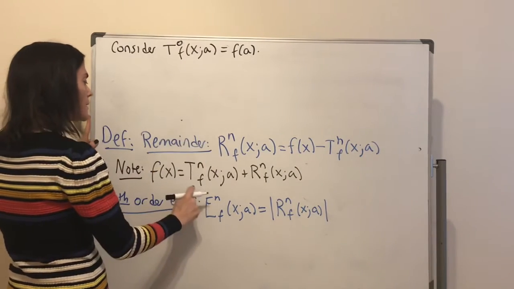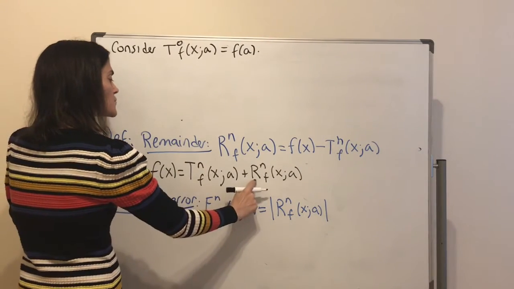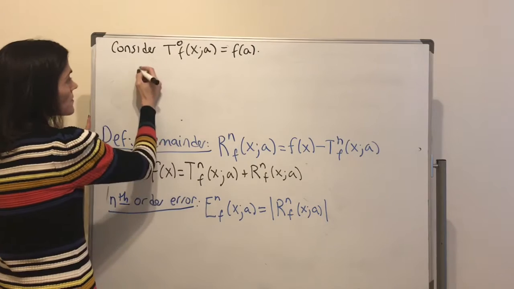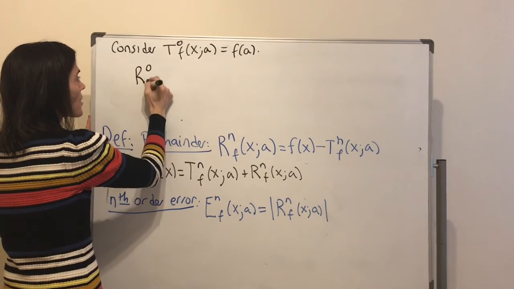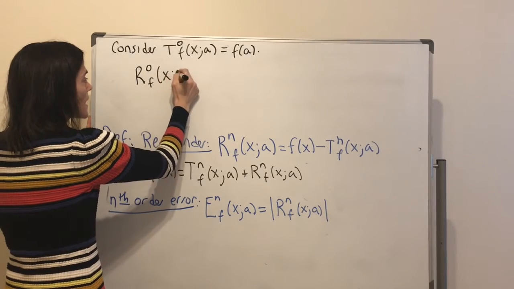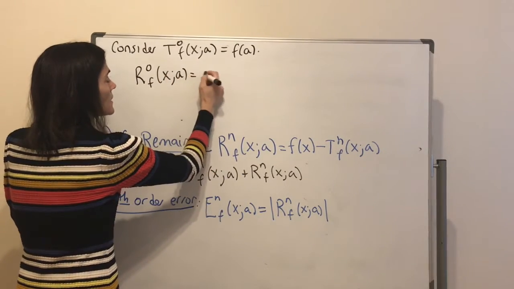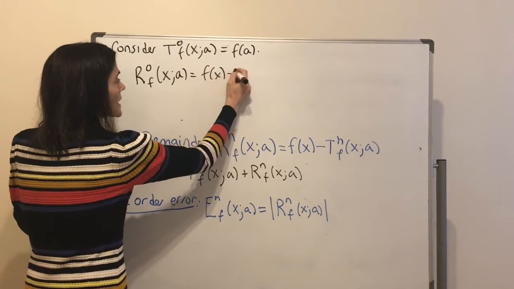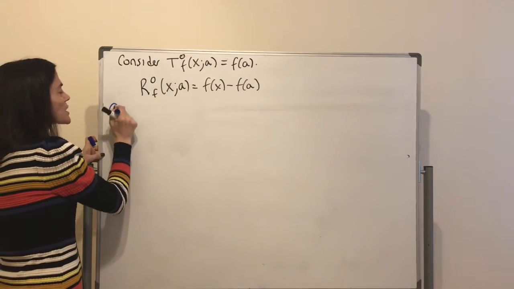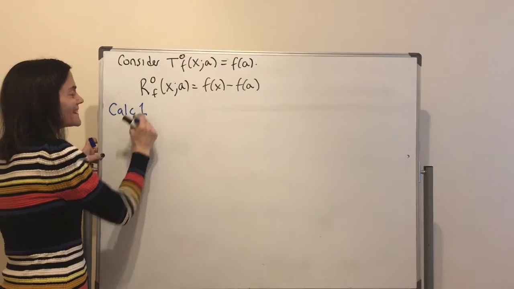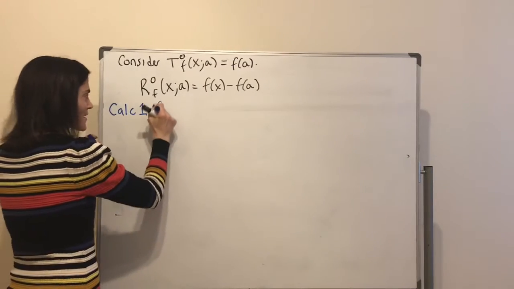Okay, so let's write the remainder here. The remainder R_0 f(x, a) will be the function at x minus the function at a. Let's go back to Calc 1 with mean value theorem.